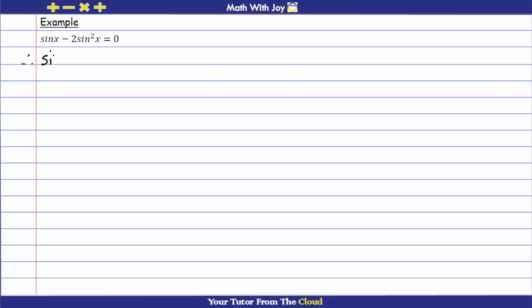So I'm going to factor out a sine x. Then I have 1 minus 2 sine x equal to 0. So then we'll say that sine x is equal to 0, or 1 minus 2 sine x is equal to 0.